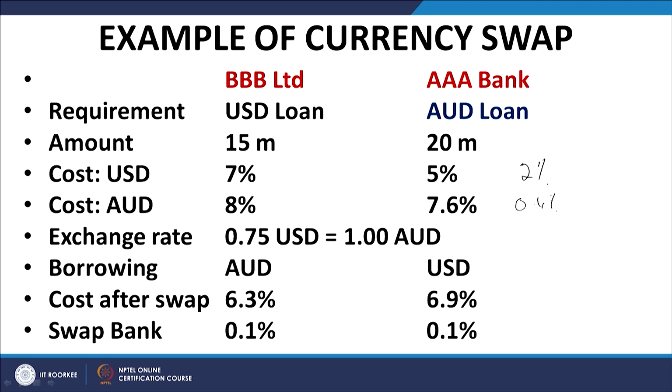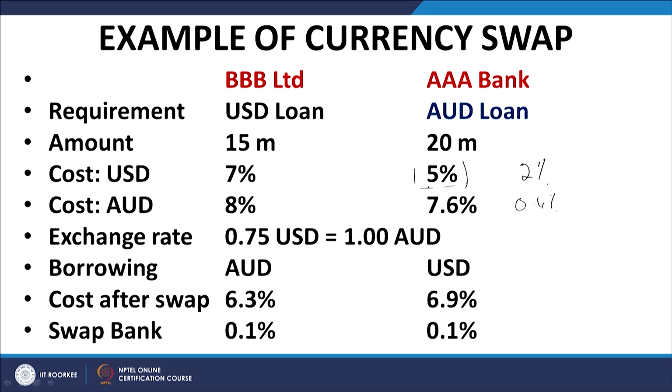Rather, the differential: if BBB approaches the US dollar market it is 7%, and if AAA approaches the US dollar market it is 5%, so that is 2%, and if BBB approaches the Australian dollar market, the cost is 8%, and if AAA approaches the Australian dollar market, the cost is 7.6%. So, it is very clear and quite apparent. The appropriate thing would be that AAA borrows US dollars and BBB borrows Australian dollars.